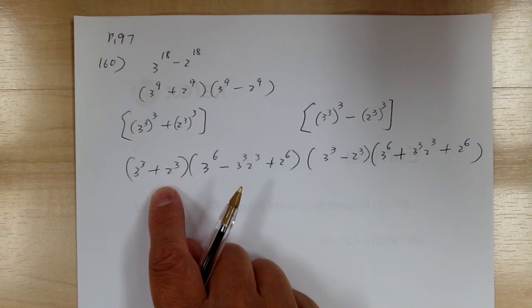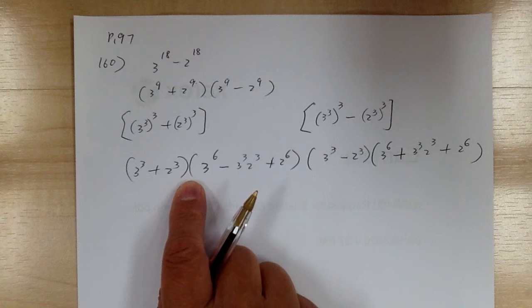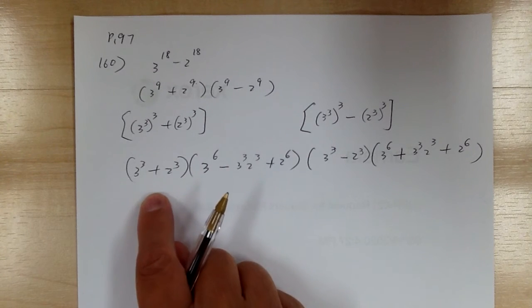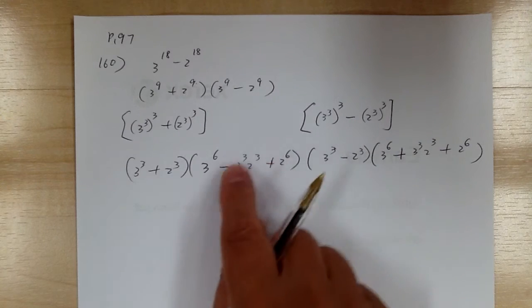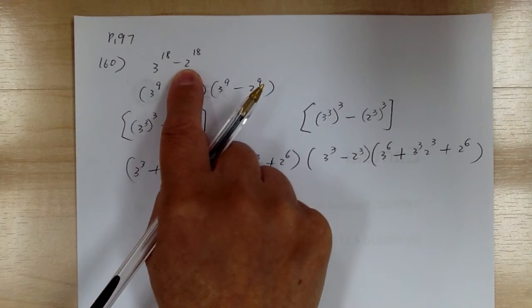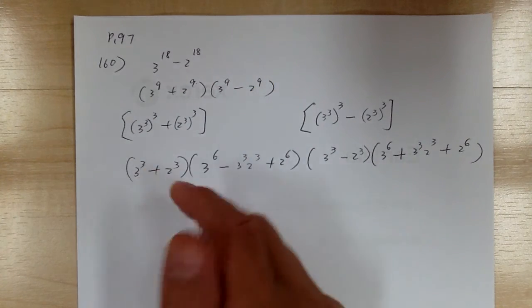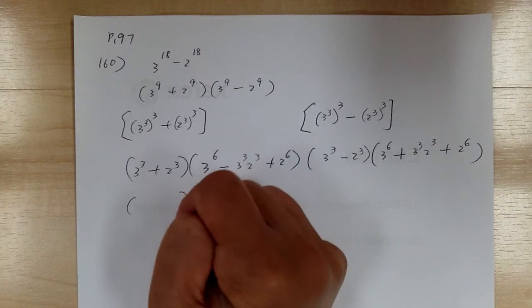But I think at this point it's probably easier to just work it out, because numbers are much easier to deal with than exponents. Now, if the exponents are super high, then it's very difficult to work it out first. But over here, this is not too bad, so you can actually work it out.